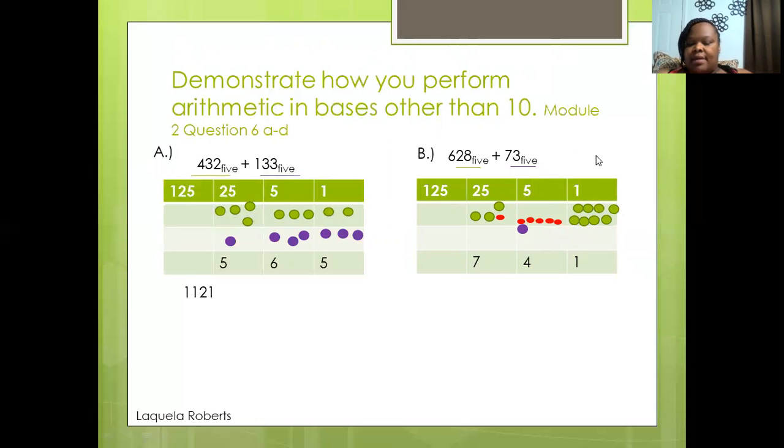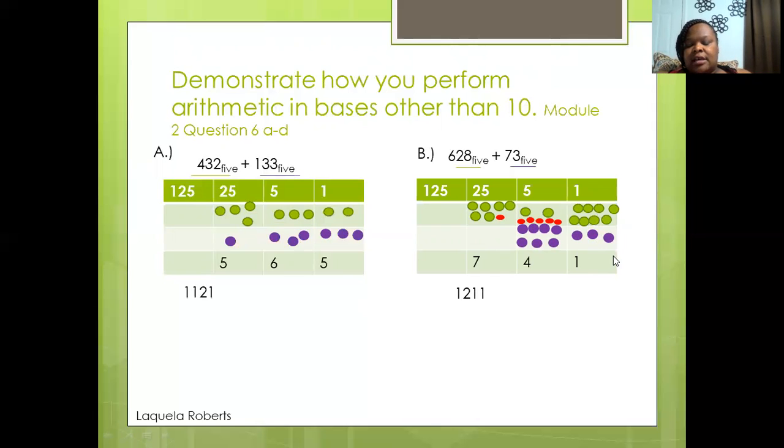So for 1, we have 8. 5, we have 1, 2. 25, we have 1, 2, 3, and 4, 5, 6. 73, we have 1, 2, 3. For 5, we have 1 and 2, 3, 4, 5, 6, 7. And then 25 has none.